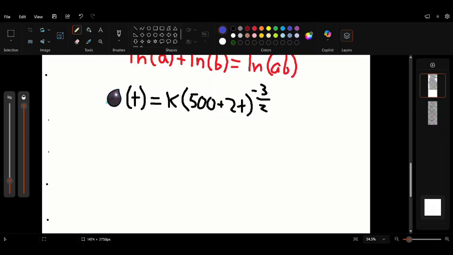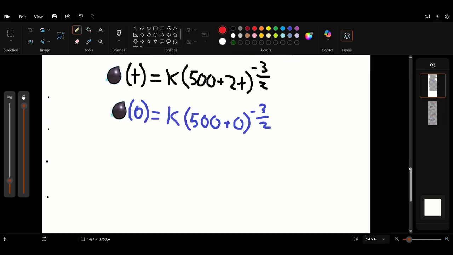And so with that beautiful mathematical trick, we're just going to get Superfent equals k times (500 plus 2t) to the -3/2. Now we got rid of the absolute value because if you think about it for 2 seconds, time can't be negative. So we're just going to assume everything here is positive. Therefore, we can get rid of those bracket bars that make everything a little more complicated to look at.